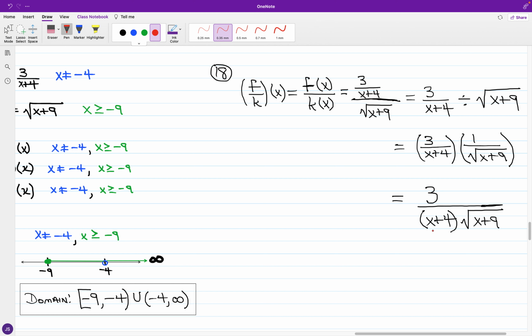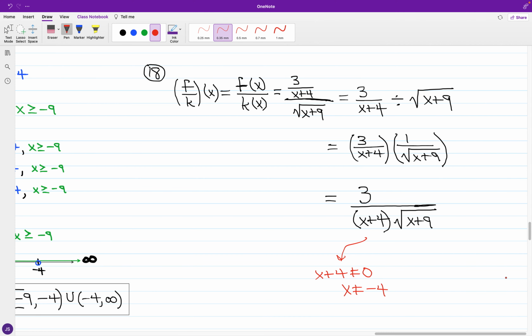Okay, so there'll be some things to sort of alloy together. First of all, we have x plus 4 in the denominator, so x cannot be negative 4. Now in the case of the square root of x plus 9, because we have a radical, x plus 9 cannot be negative.